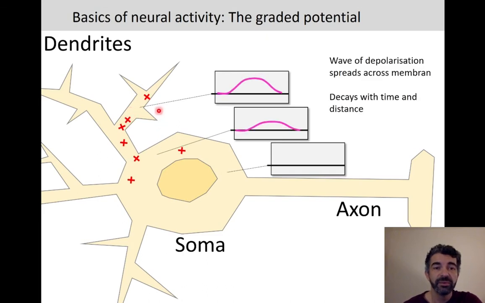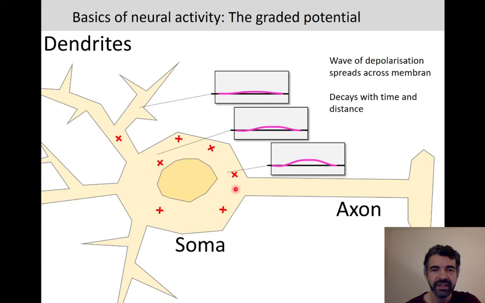Then it's distributing throughout the body of the neuron, which means there's still some graded potential here. And while the graded potential slowly disappears, there's still some propagation of the signal towards the axon. But this is never as strong as at the point where the ions originally flow into the neuron. So it decays with time and distance.